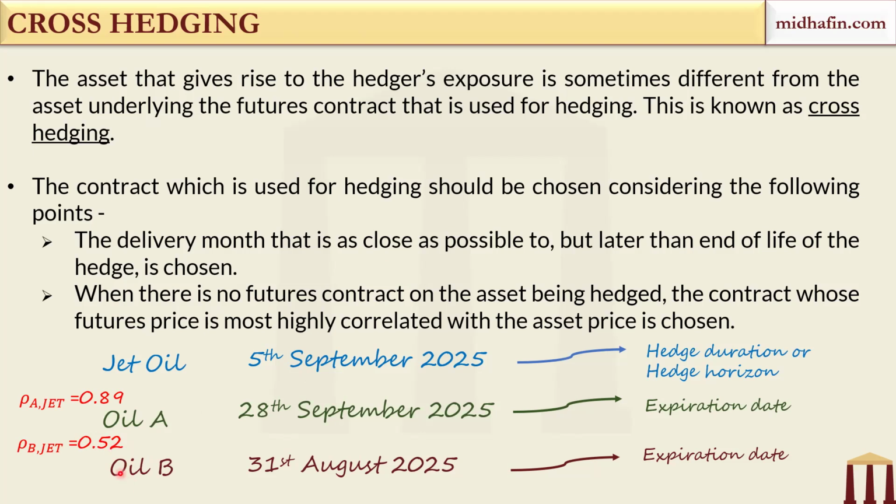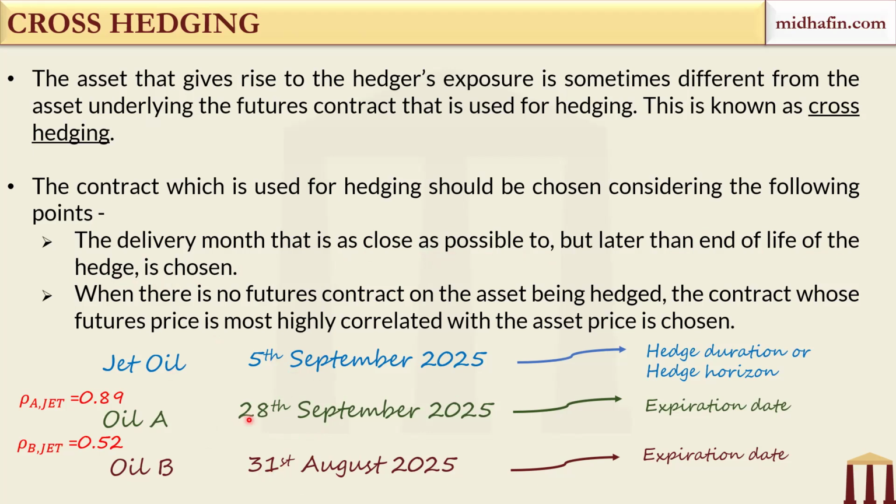Next question. Now let's come to the maturity of the contract, which one we should choose. The first point states that the delivery month that is as close as possible to, but later than the end of the life of the hedge is chosen. If you see the dates available, you will find that 31st August is actually closer to 5th of September as compared to 28th.